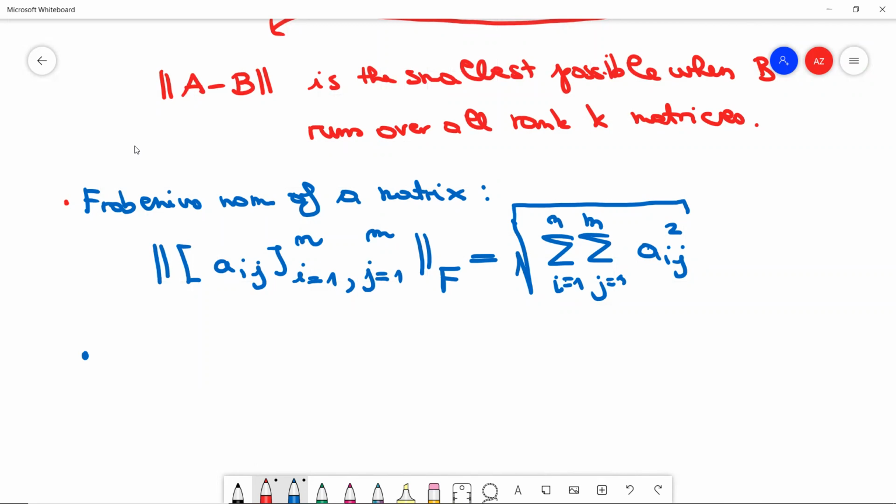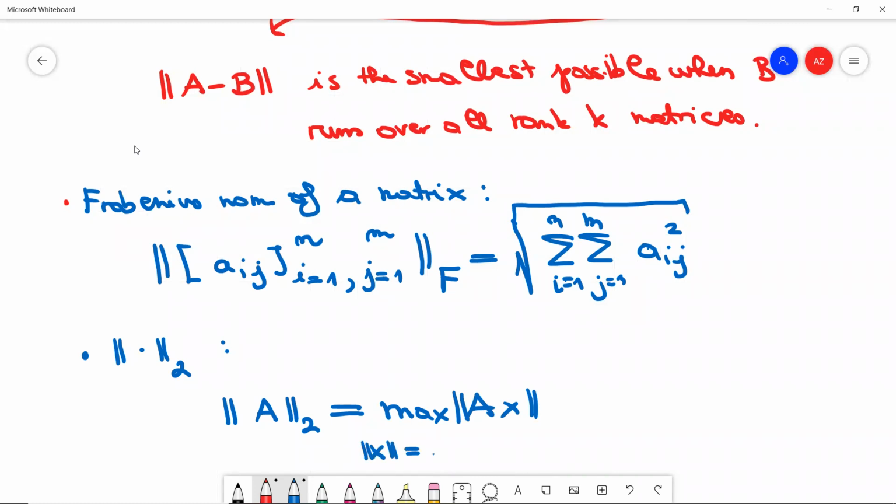This is one of the possible generalizations of the Euclidean norm to matrices. But the other one is the so-called 2 norm of the matrix, or spectral norm of the matrix. This is the maximum of the norm of AX when X runs over all norm 1 vectors.